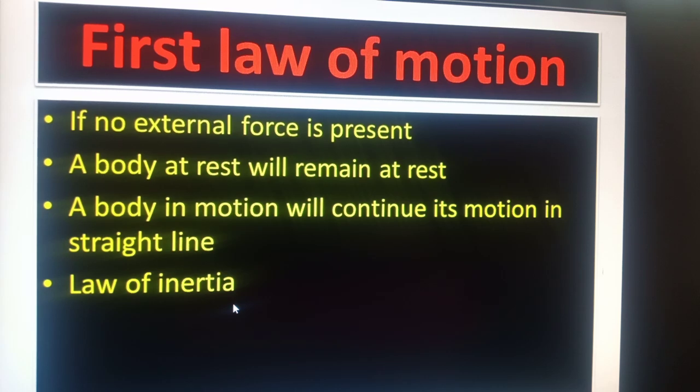On the other hand, if a car starts moving suddenly, the person sitting in it falls backward. It is also due to inertia. When the car was at rest, the person was at rest, and both want to remain at rest.